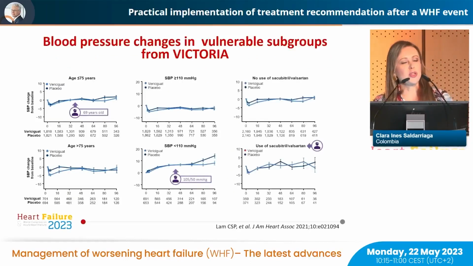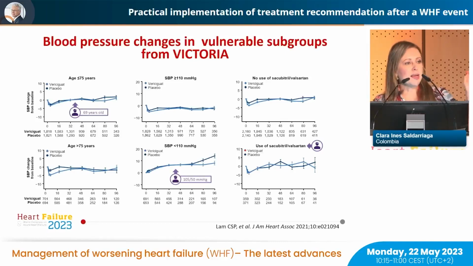Here I'm showing you this very interesting analysis from Caroline Lam about those patients that we are really afraid of when we are starting a medication. This is the analysis from VICTORIA of patients that were older than 75 years old, with lower systolic blood pressure and with the concomitant use of sacubitril valsartan. As you can see here, the reduction in blood pressure was similar in the placebo group versus the treatment arm.